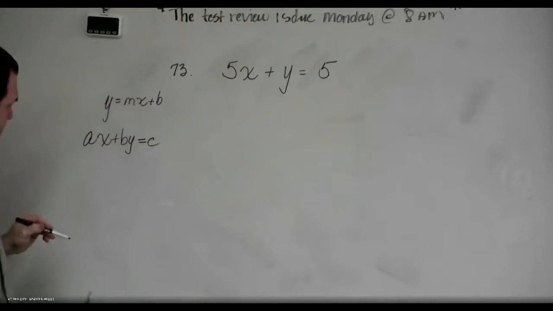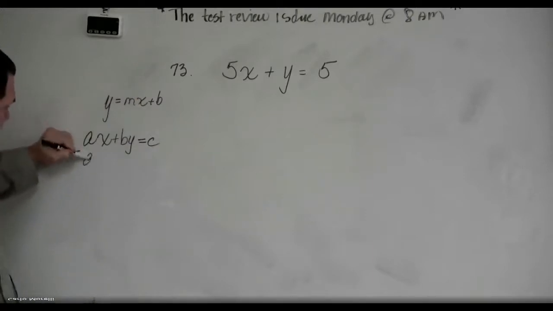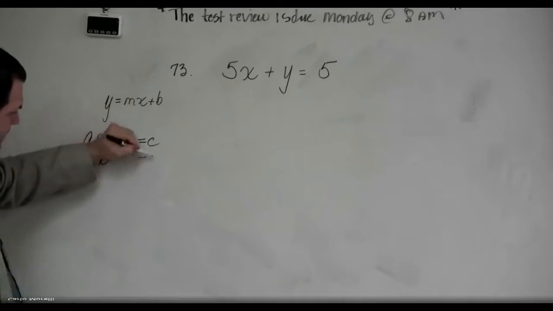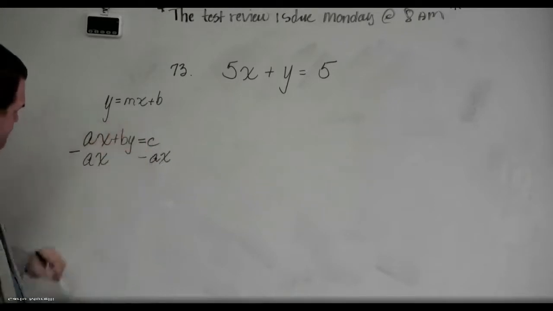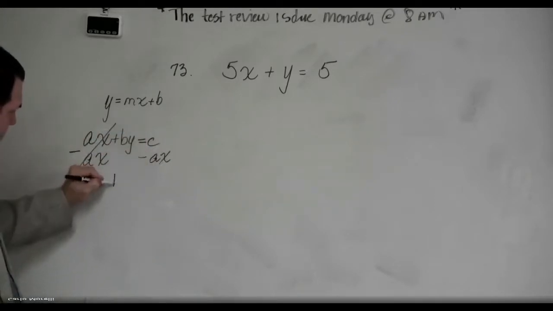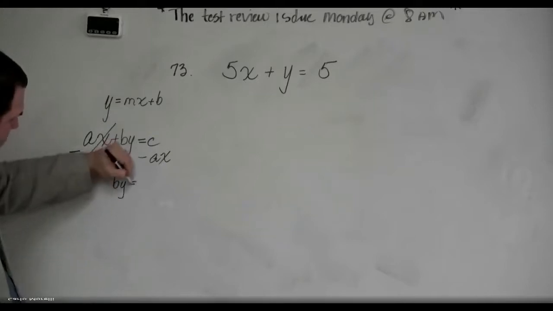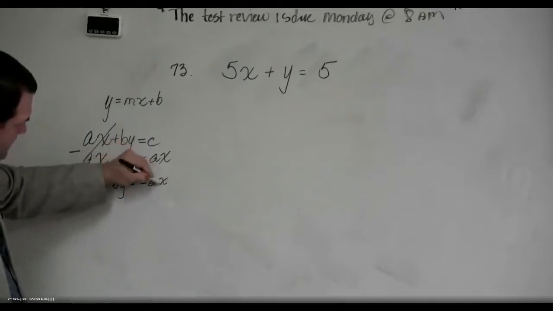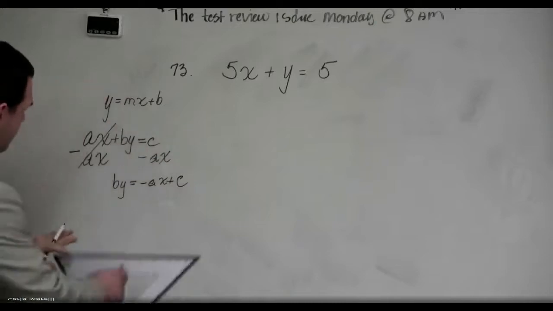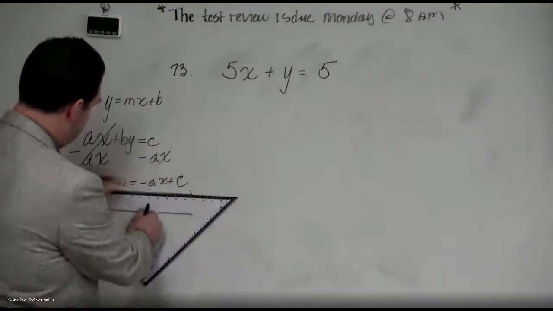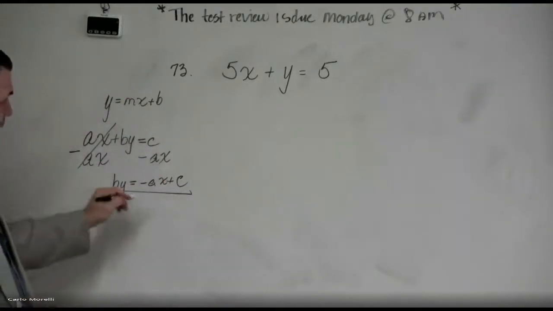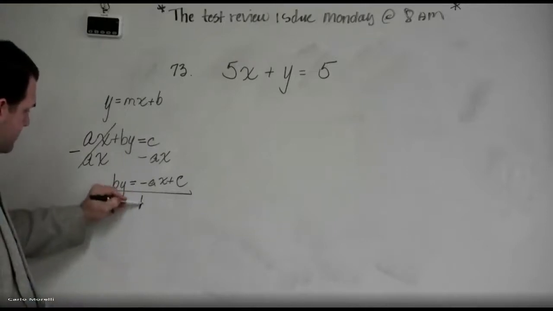Okay. So the procedure that we're going to follow is we're going to subtract ax from both sides. And then we'll have by equals negative ax plus c. And then we're going to divide everything by the coefficient of the y variable.